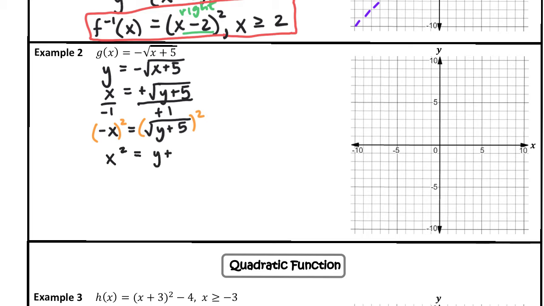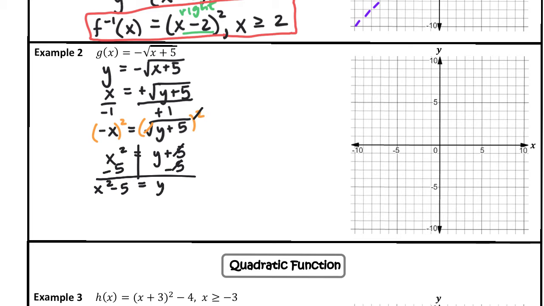And I'm going to be left with y plus 5 because the square and the square root cancel each other. And then to get y by itself, I want to subtract 5. So I can't subtract x squared and 5, so they're just going to be next to each other.